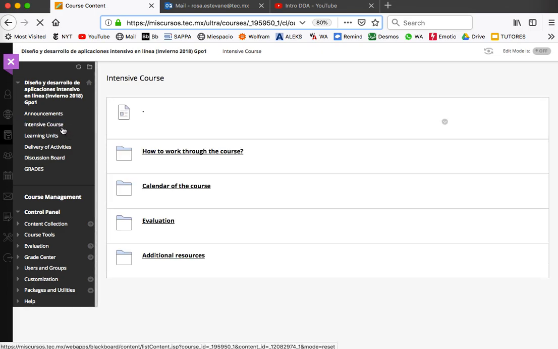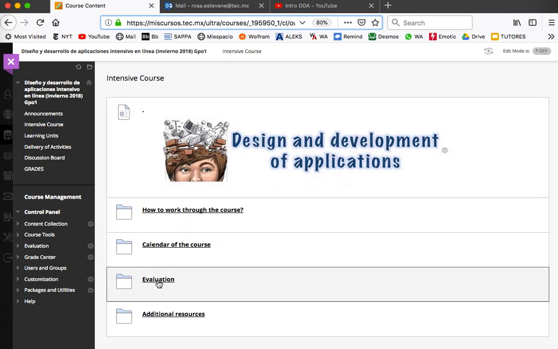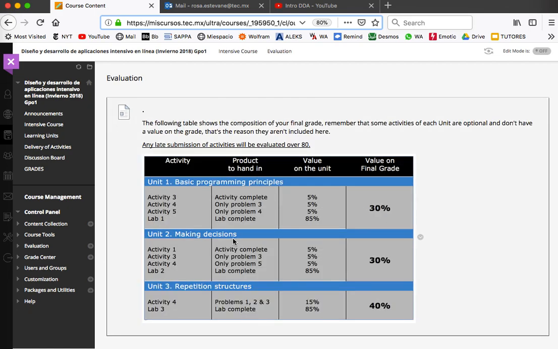Then, in the evaluation section, you may see how your final grade is composed. Basically, Unit 1 and 2 will each give you 30% of your final grade, while Unit 3 is 40%.